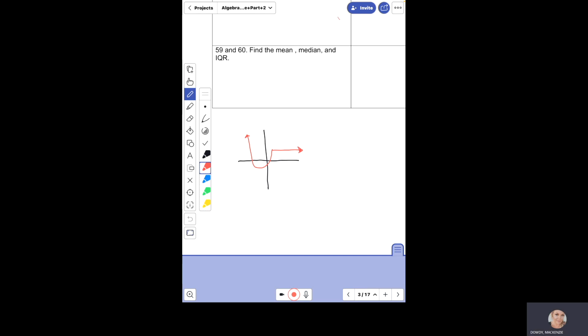Here it's decreasing. Here it's increasing. Straight line across is constant.